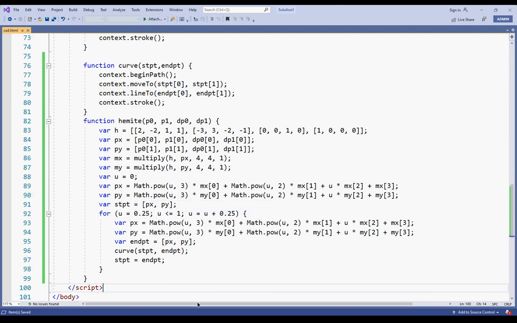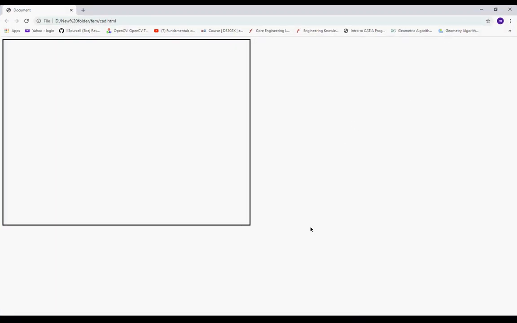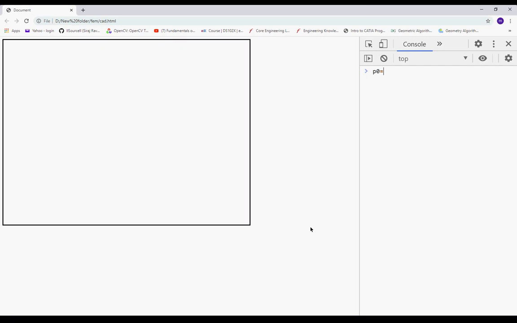Fine, no issue. And then I switch back to the Chrome browser and press the F12 key. So let's create a point. P0 I create, and I'll give the coordinate as 0, 0. Let it be starting at this location, and P1 is equal to, let's have a point 200, 200.